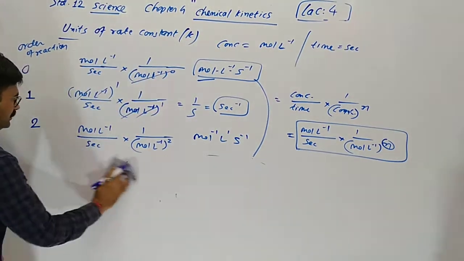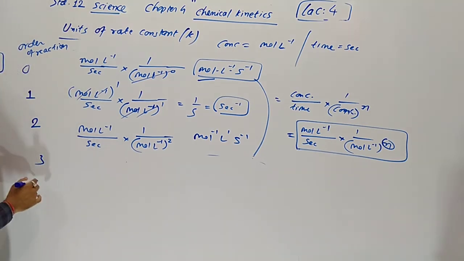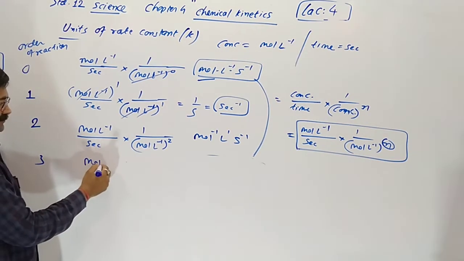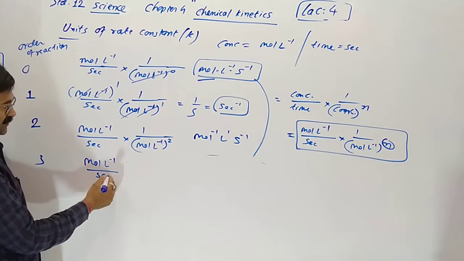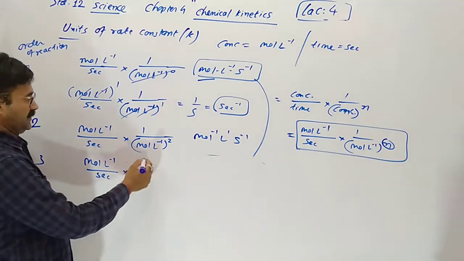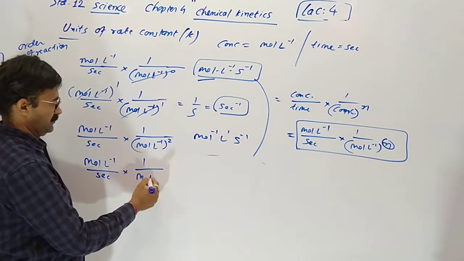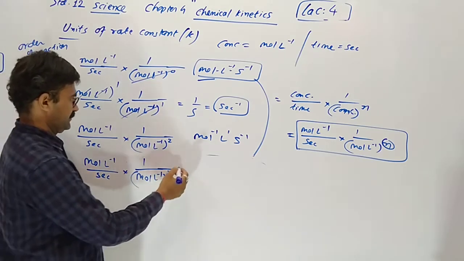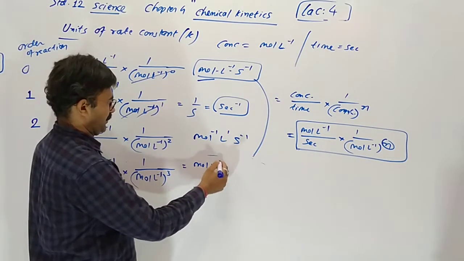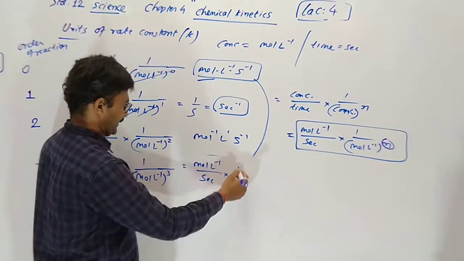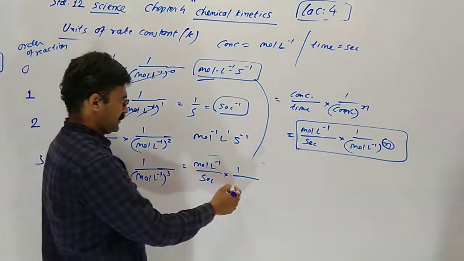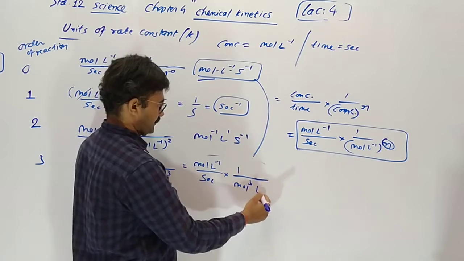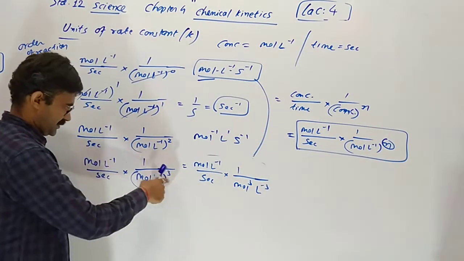Now for third order reaction, mole per liter per second into 1 upon mole per liter raised to 3. So mole per liter per second remains as it is. Mole raised to 3, liter raised to -3.